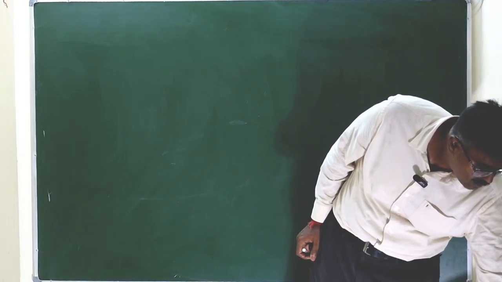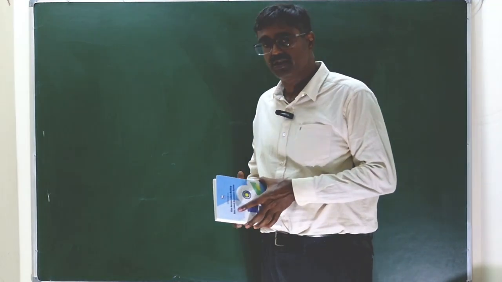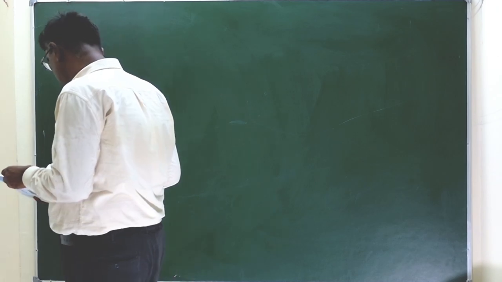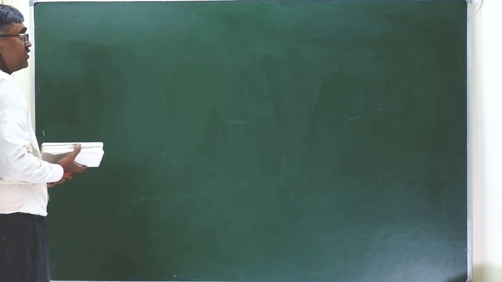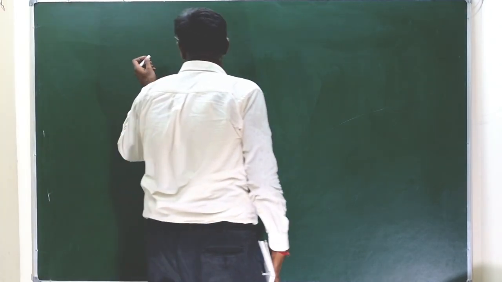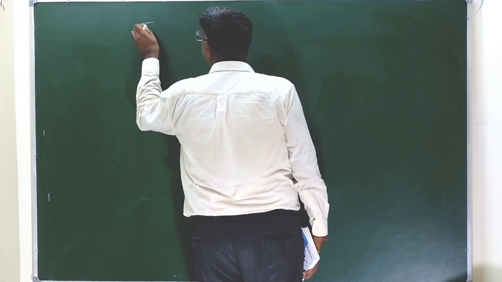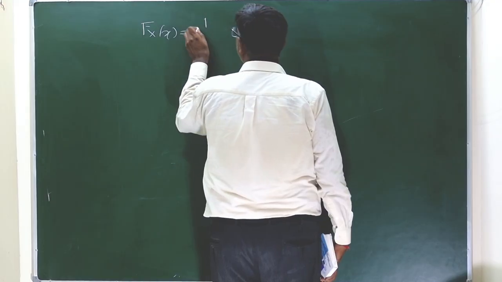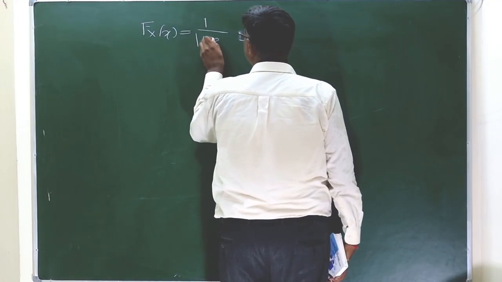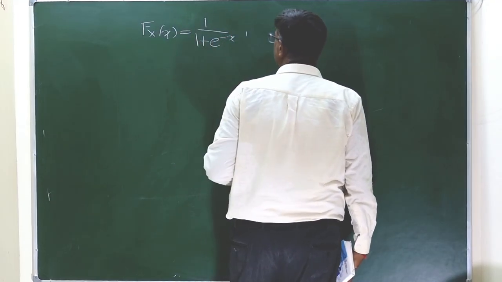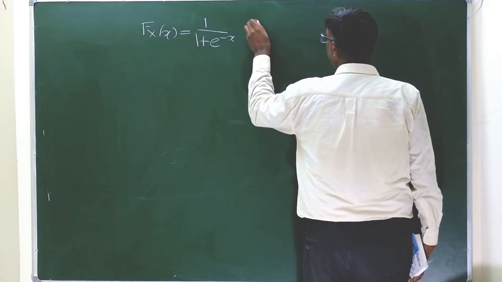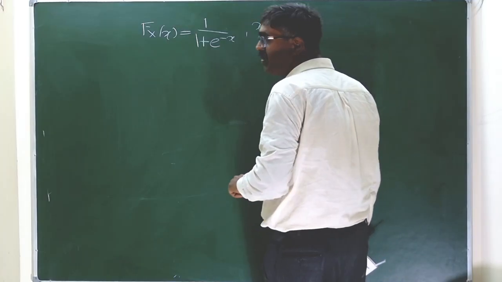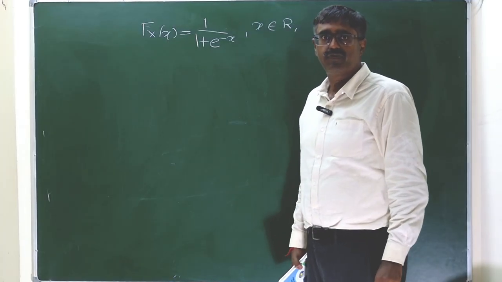Which is called the logistic distribution. What happens in the logistic distribution? In the logistic distribution, F(x) is defined as 1 upon 1 plus e to the power minus x, for x belonging to the real line. So we will check the properties of the distribution function.